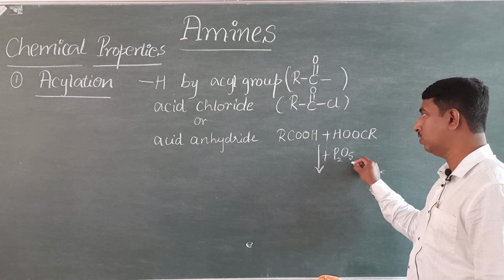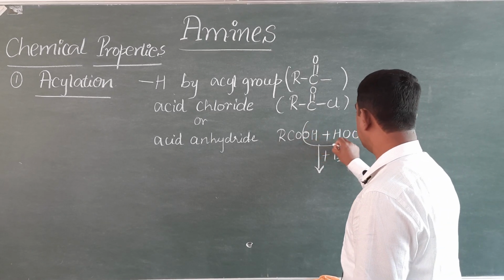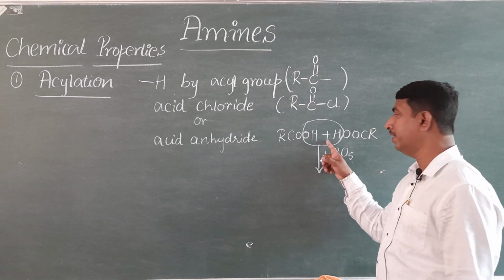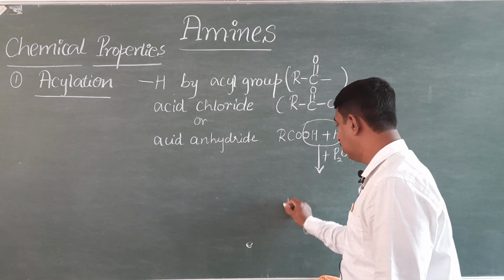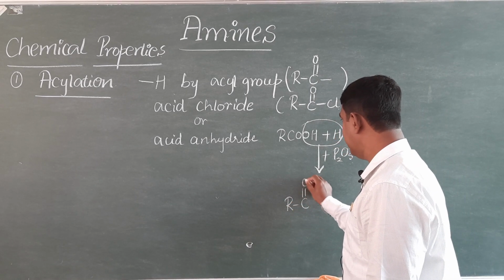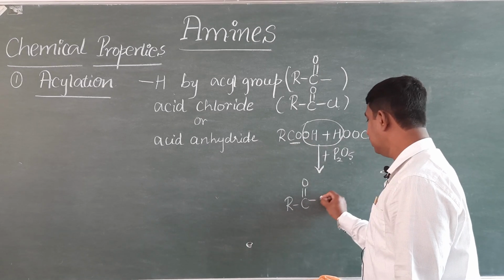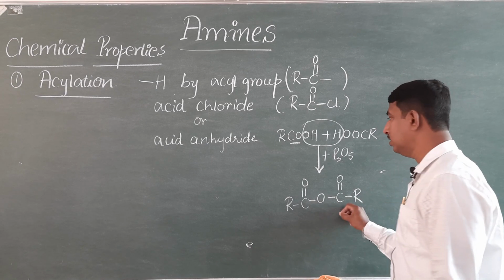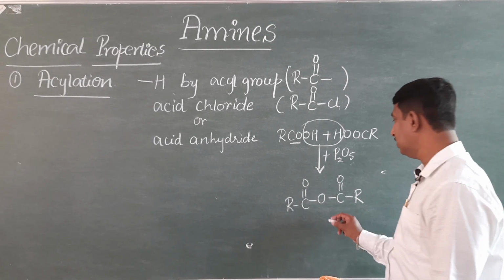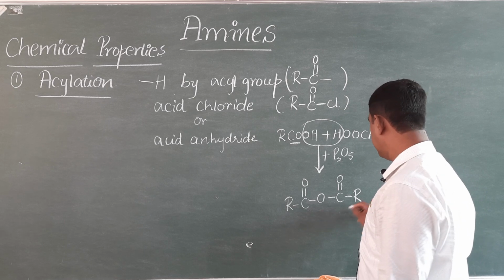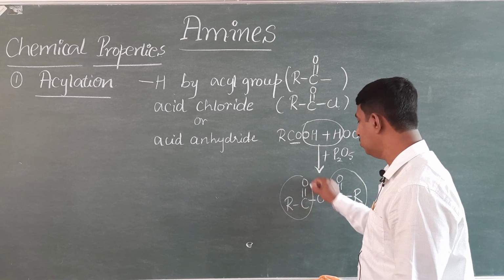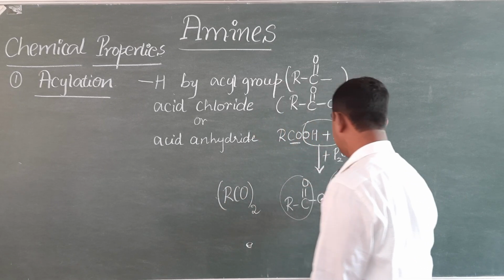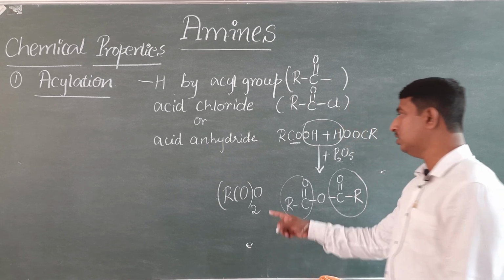P2O5 is a very good dehydrating agent, it readily removes water, thereby we get R C double bond O, then O, again C double bond O, then R. This is called acid anhydride. It can also be written as RCO twice, bonded to oxygen.